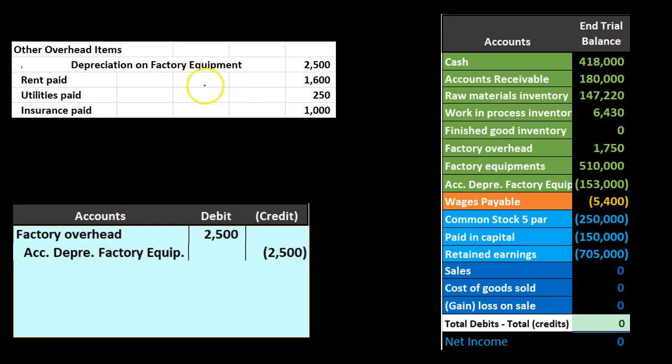And then anything else like rent, if it's rent on the factory, or utilities on the factory, or insurance on the factory, these are all things that we might typically think of as an expense that we would have here. If it was rent expense on the office building and not the factory, then it would be an expense.